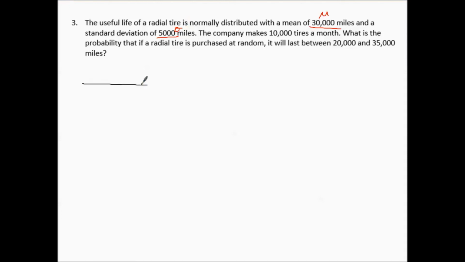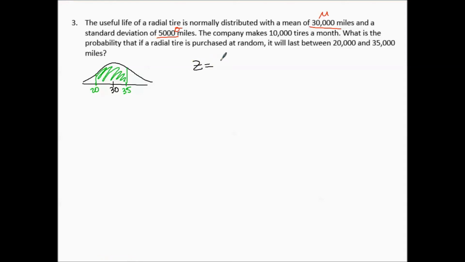So I'm going to draw a quick sketch. If I know that the mean is 30,000 and I want to find what the probability is of getting between 20,000 and 35,000, that means I'm looking for this percentage. So I need to find the z-score for both 20,000 and 35,000 and then look them up in the table and subtract them.